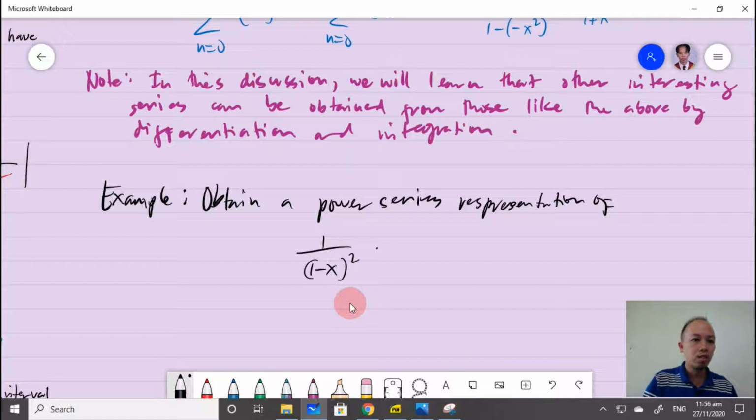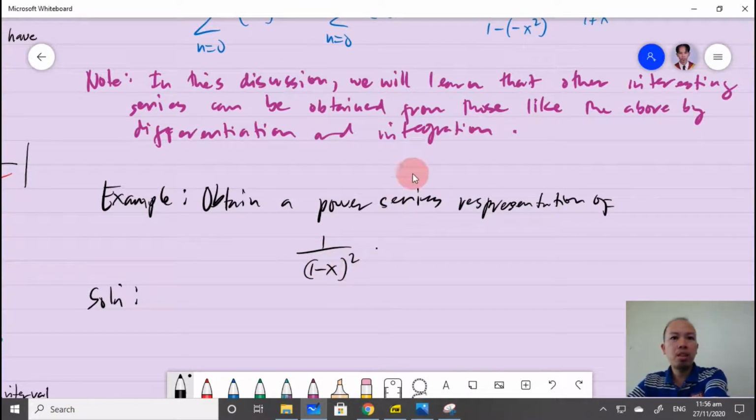So let's have a solution here. Let's get a power series representation of this expression here.